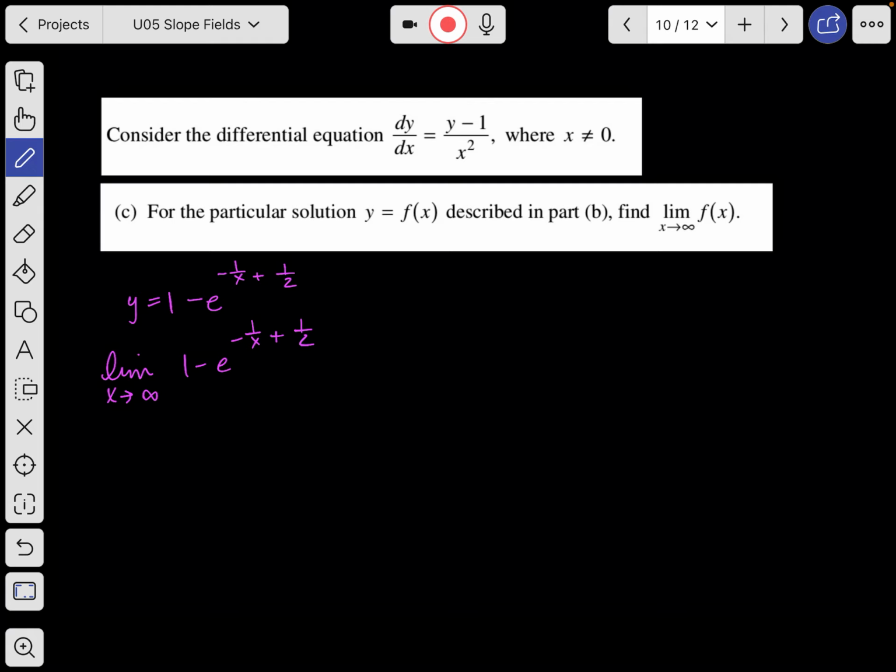If our x is approaching infinity, I'm going to have 1 over a very big number, which is going to go to 0. And so this is really 1 minus e to the 0 plus a half. So 0 plus a half is just 1/2. And so this would be our limit.